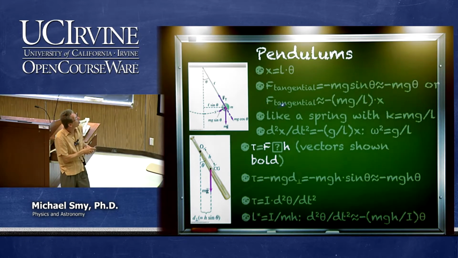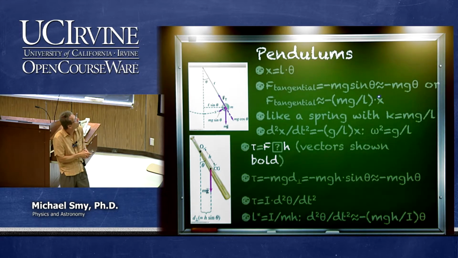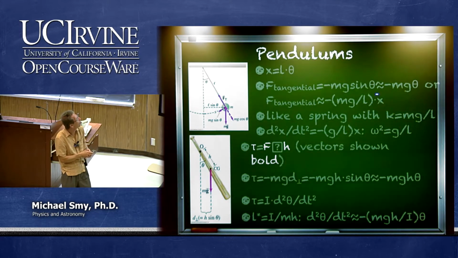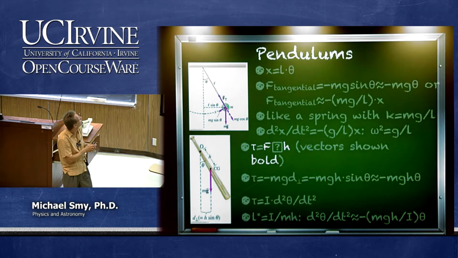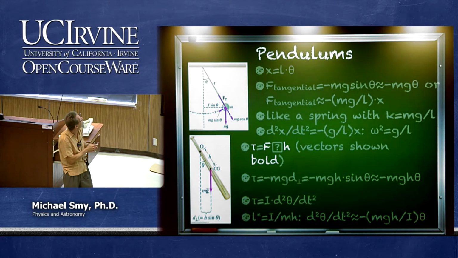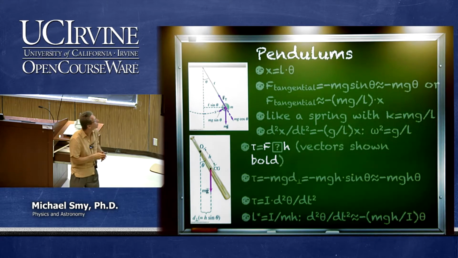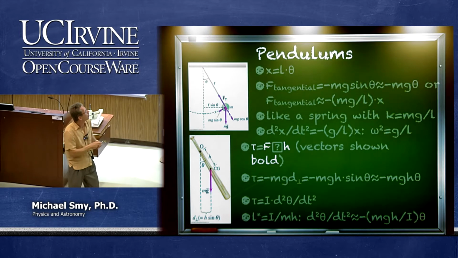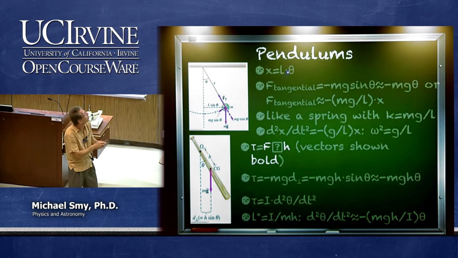So F tangential equals minus mg over L times x, since I'm calling this x, which is L times the angle. Yeah, this is this equation here.